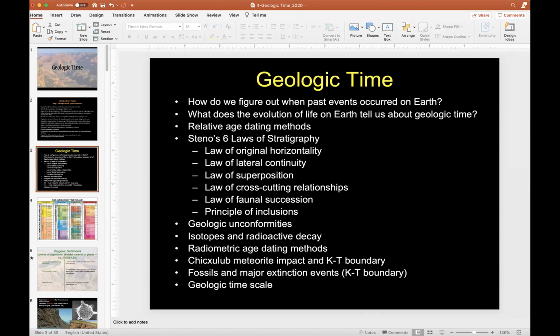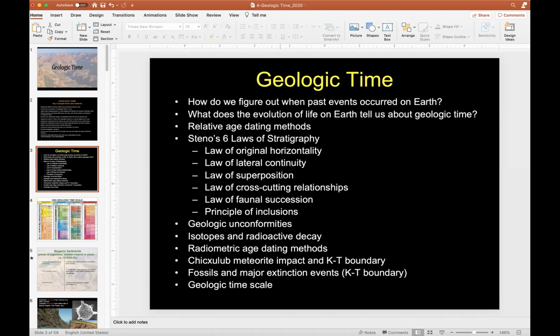So I summarize my lecture in this slide, and I'm trying to do this in every slide set that I put out for you, so that you know where to find everything and what to expect, and when you open it up, whether you've got the right set of slides. So we're going to go through and talk about different principles that allow us to figure out when different events happened on Earth in geologic time.